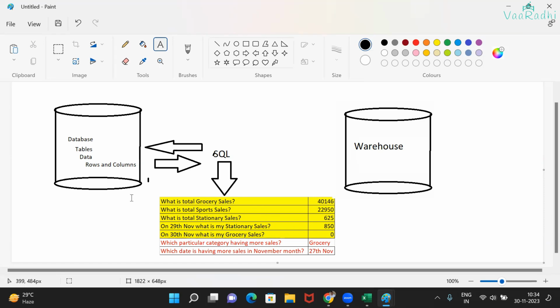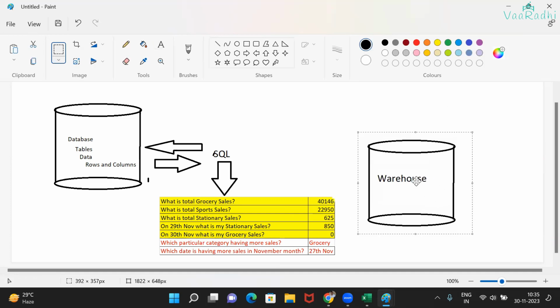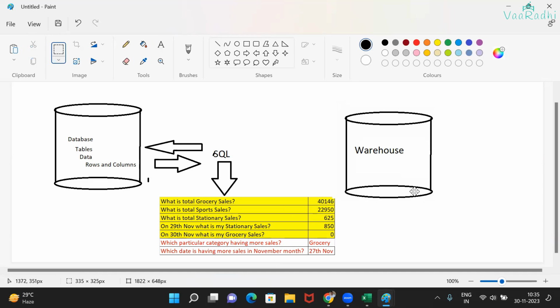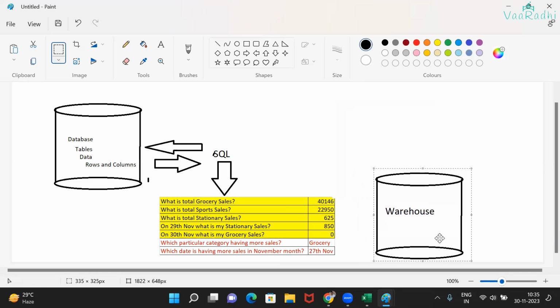Once you analyze the data, these analytical results will be saved inside the warehouse. Because once you analyze your data, you have spent your time. True or not, guys? During analysis of this data, you have spent some time.